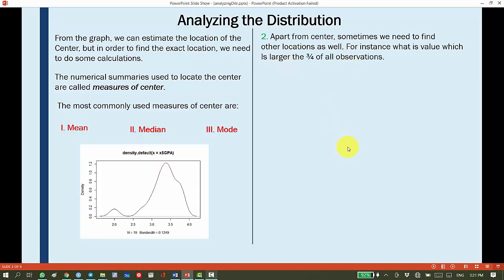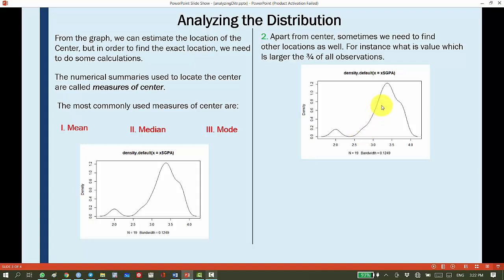Apart from the center, sometimes we need to find other locations as well. For instance, what is the value or what is the number which is larger than 75% of all other observations. For instance, consider the distribution of the student's GPA.